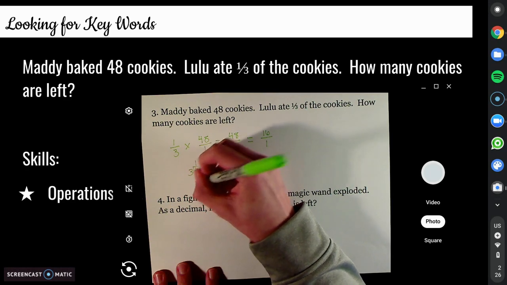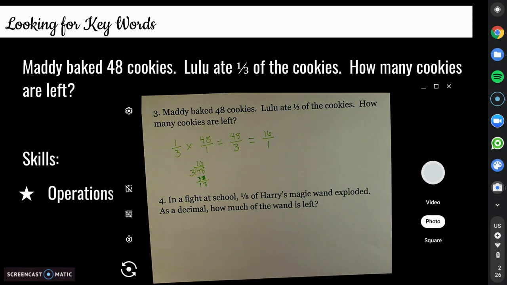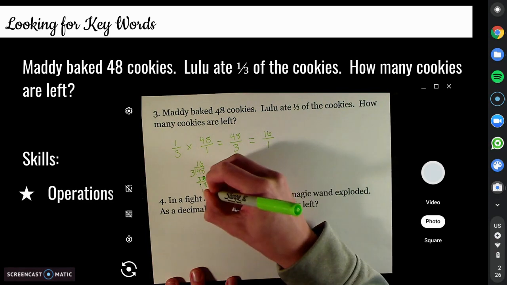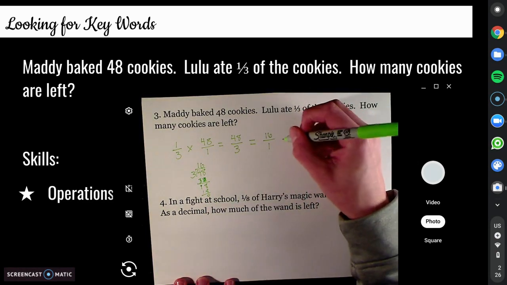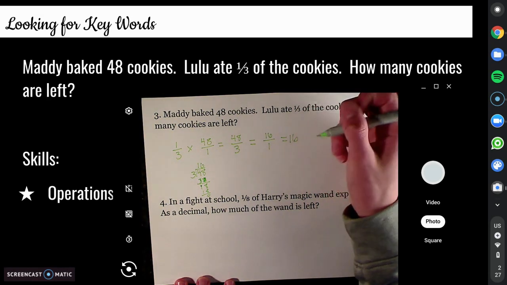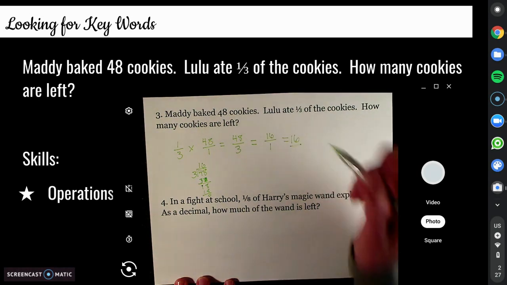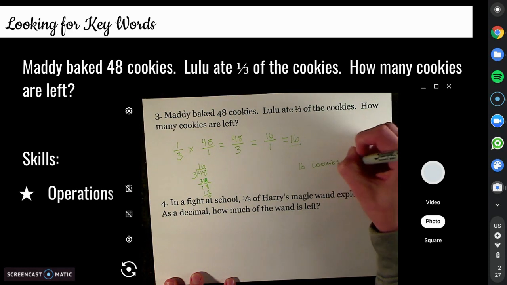Oh gosh. Sorry, I'm getting ahead of myself here. All right, and you would get 16. Okay, and that's the same here because, right, no remainder. That's the same here because 16 over 1 is the same as 16. I would expect you to leave it like this, not like this, okay? So 16 cookies are left.